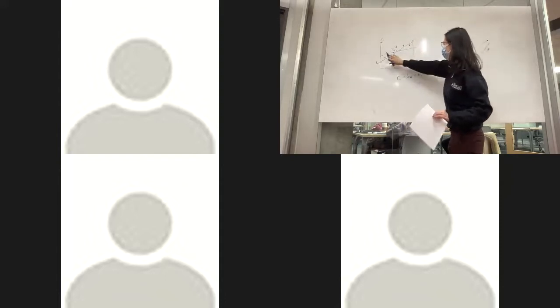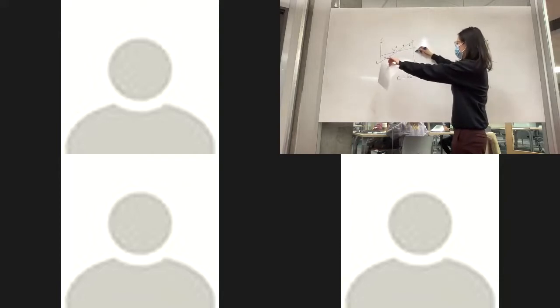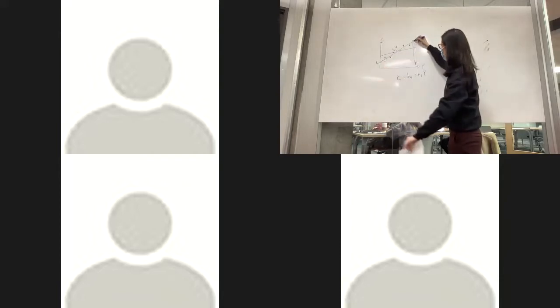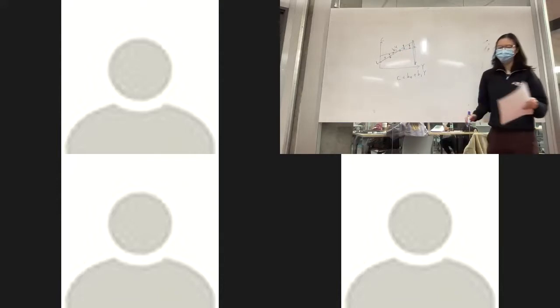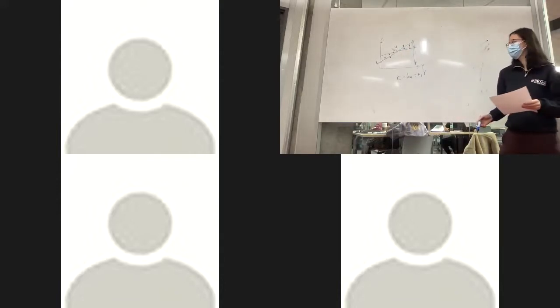So it pulls the entire line towards it to normalize downwards. That would be considered a point of high leverage.